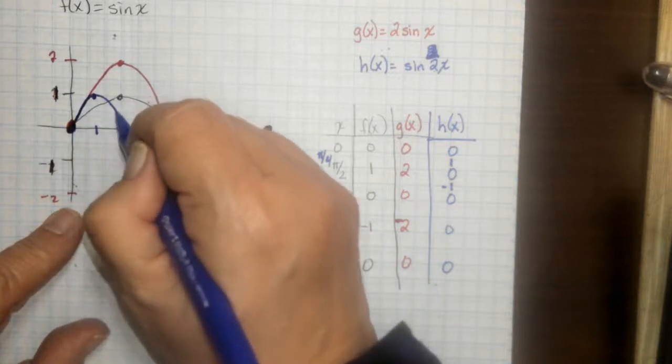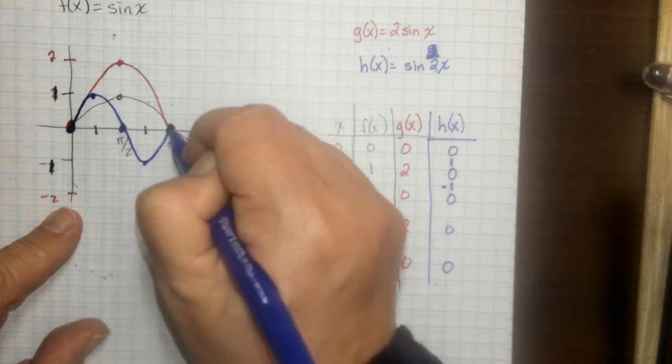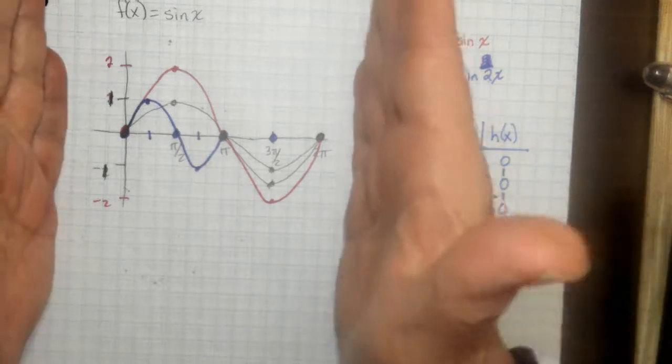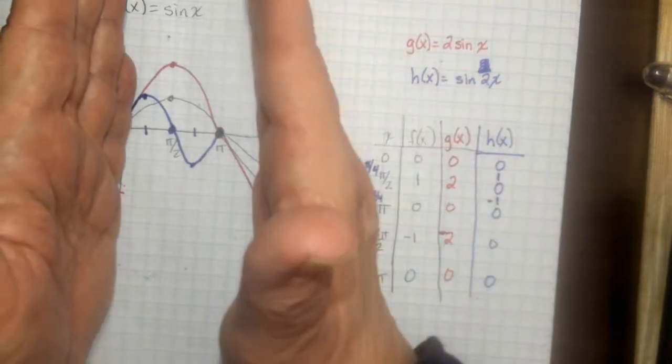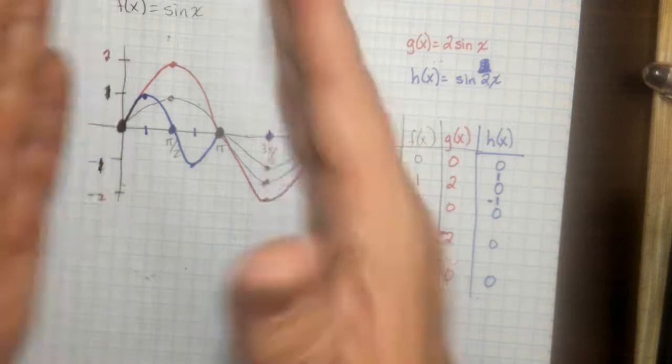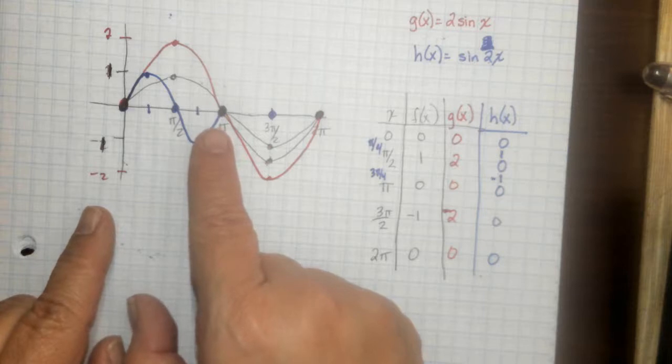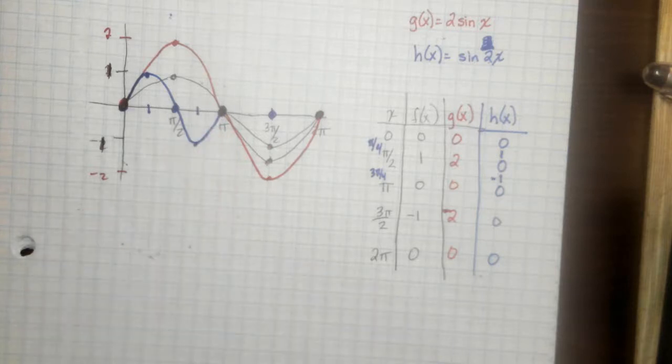And so with our trig functions, when we do a horizontal compression, it changes the period. When we have functions like absolute value that go up all the way to infinity and you press it in, it looks just like a vertical stretch, because you're pressing it in and it's just going to keep stretching up to infinity.